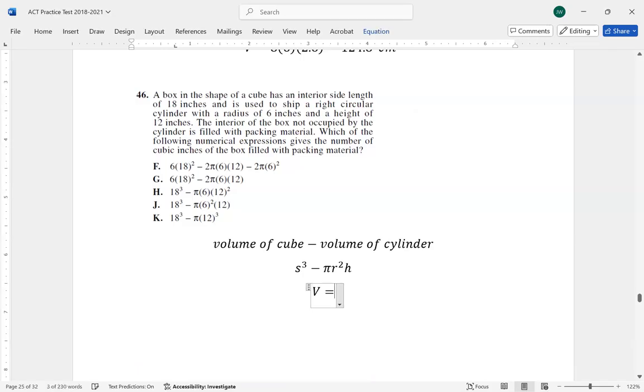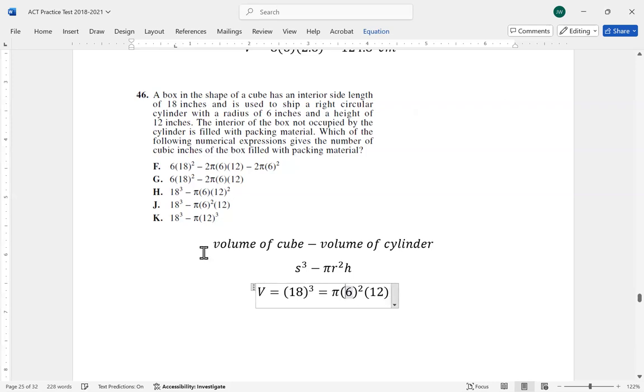So the volume of the packing material is going to be 18 cubed minus pi. Since the radius of the cylinder is 6 inches, we get 6 squared times the height of the cylinder, which is 12.